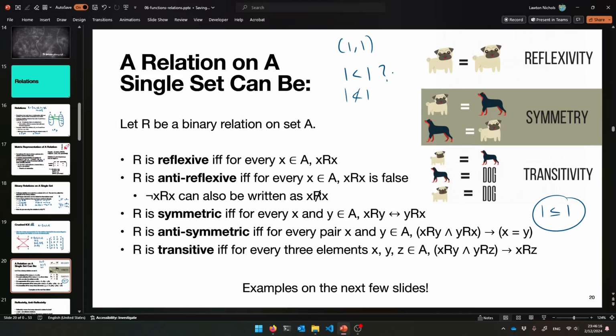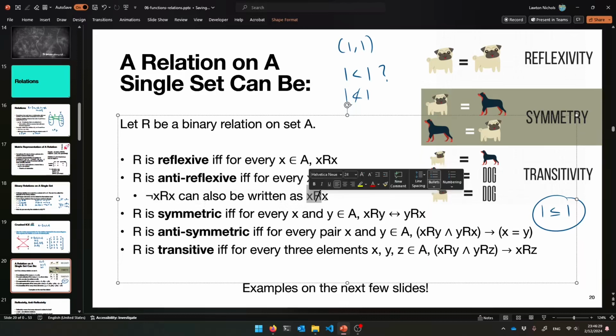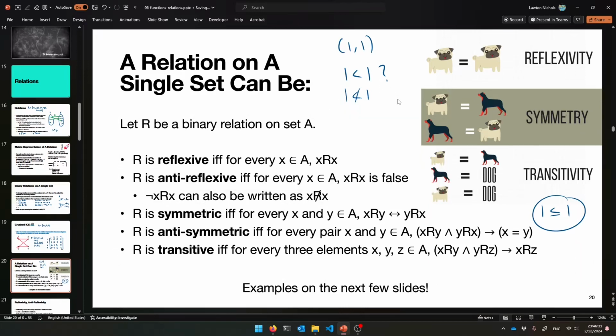It's never going to work out. So if this is false, another way to say that is to say not. It's not true that x is related to x. And you can also write it with a slash, right? x is not related to x, just like I drew a slash here. That's just a normal mathematical thing. Okay? So that's anti-reflexive.